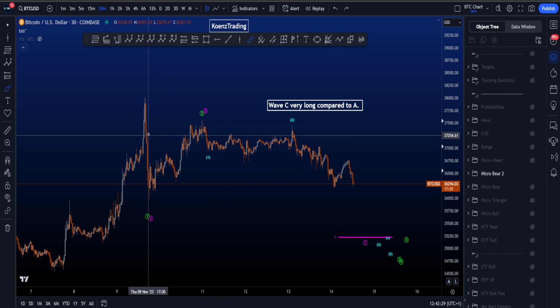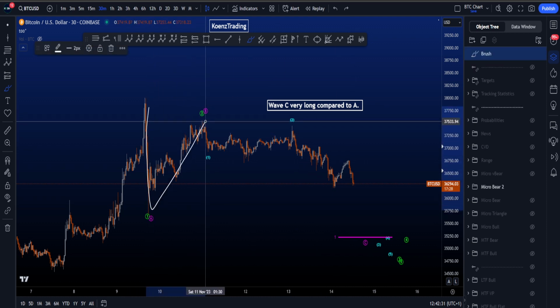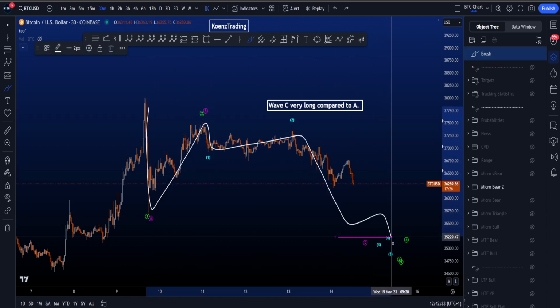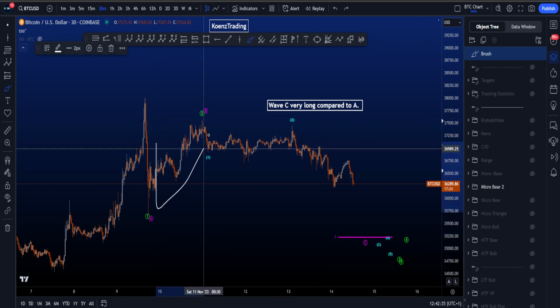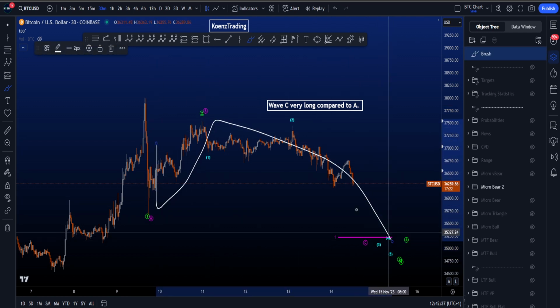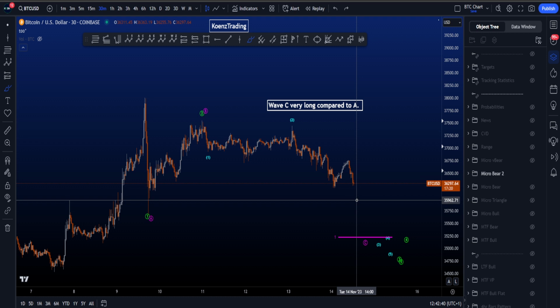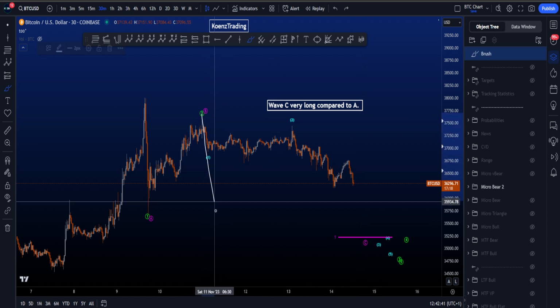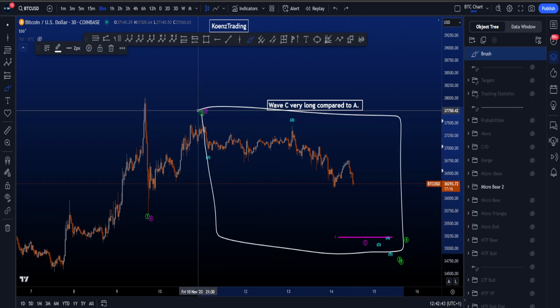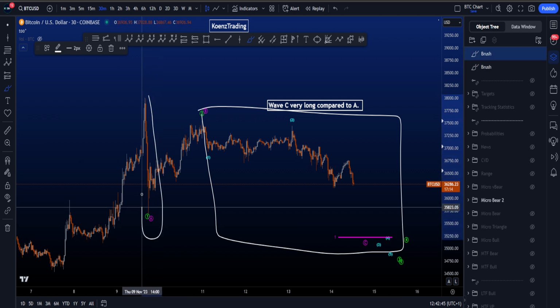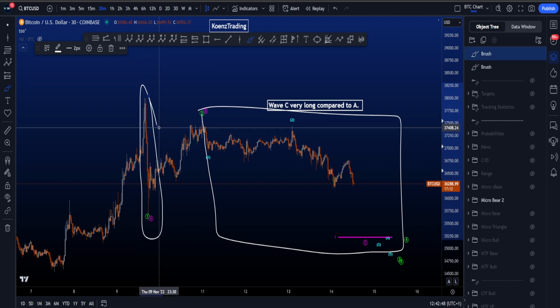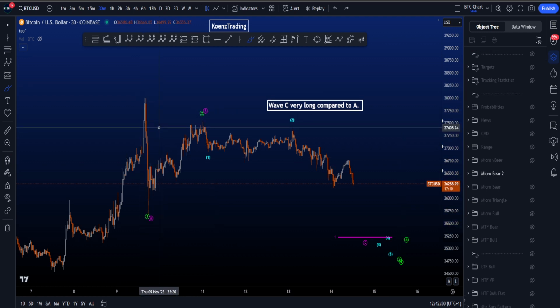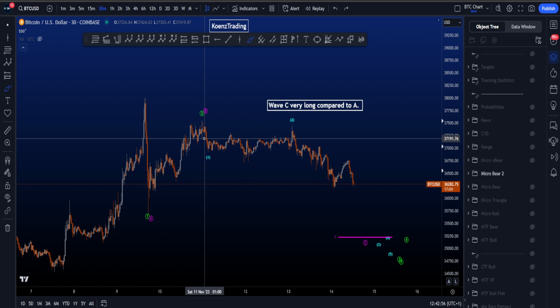Now, in this scenario, we're then looking for, again, a 1-2 and then 1-2 continuation to the downside, or an A, B, and then a bigger wave C to the downside. But if we look at a wave C over here, then this being a wave C is a very long wave C compared to a very small wave A, right? Yes, wave C tends to be commonly longer than a wave A, but this again is very out of proportion. So this is not really what you like to see.